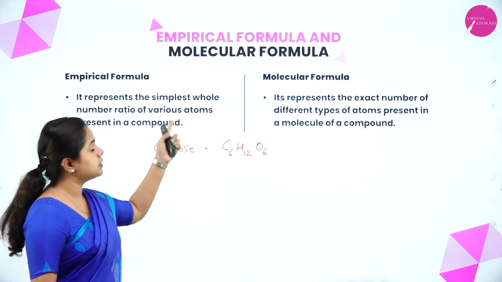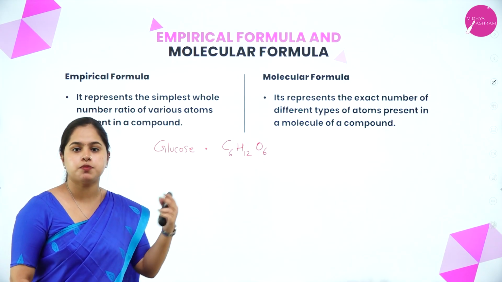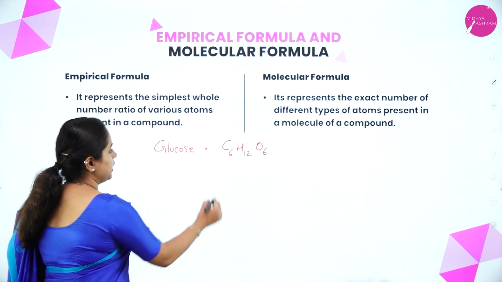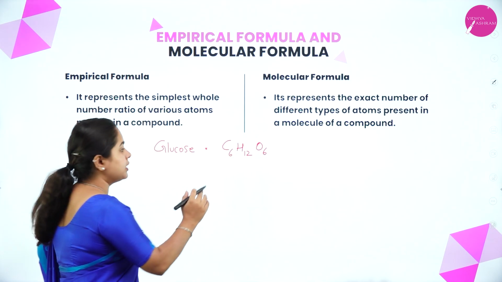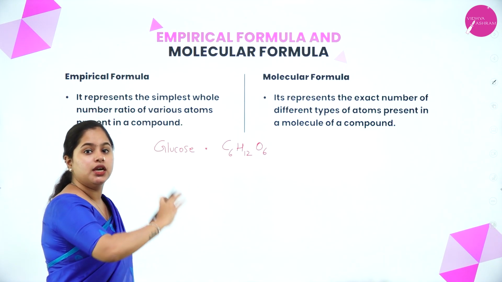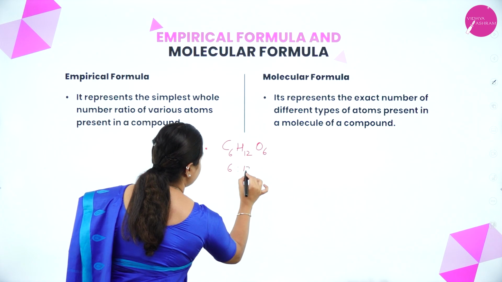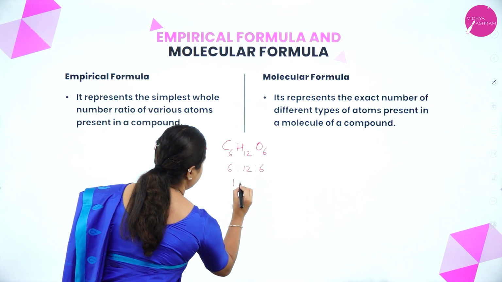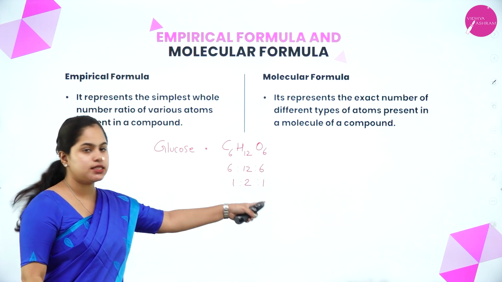It represents the simplest whole number ratio of various atoms present in the compound. There are 6 atoms of carbon, 12 atoms of hydrogen and 6 atoms of oxygen. What is the simplest ratio in which each of these atoms is present? It is 6:12:6, that is 1:2:1, right? Yes, this is the ratio.